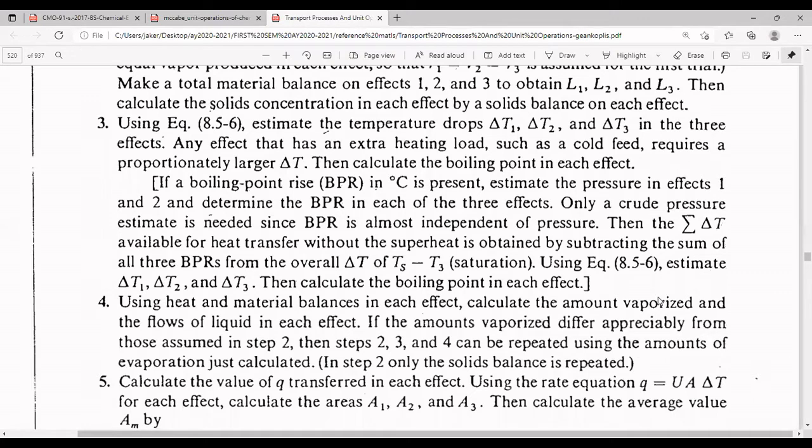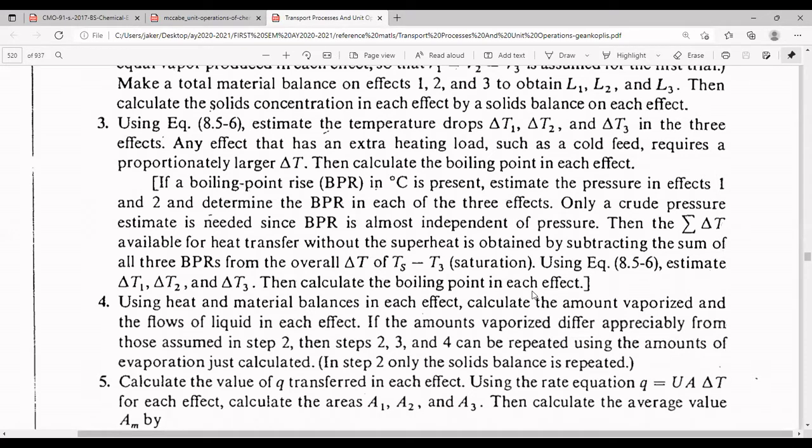With the boiling point of your solution now taken from the Duhring's chart, you can get the BPR of each of the effects. With the BPRs of each of your effects, you can go back now to correcting, so I use the term correcting, the original summation of delta T that we computed based on the difference of only two temperatures, to the effective delta T where you already accounted for the 3 BPRs.